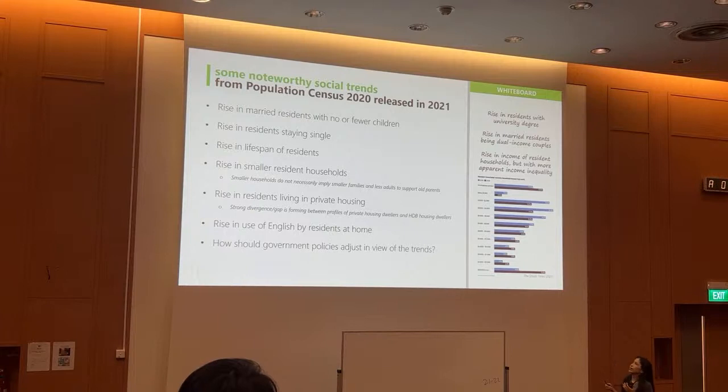But some trends like lifespan are fixed and cannot be changed. So for those trends that are fixed and unavoidable, the government may want to come out with something to live with the trend. You can't change it, you can only live with it. Then what should you do to adapt with the times?